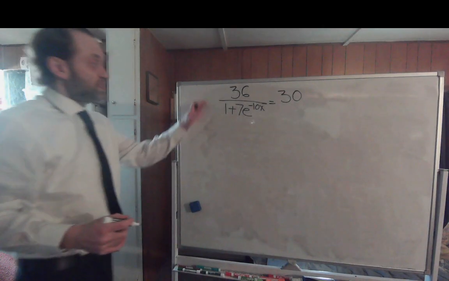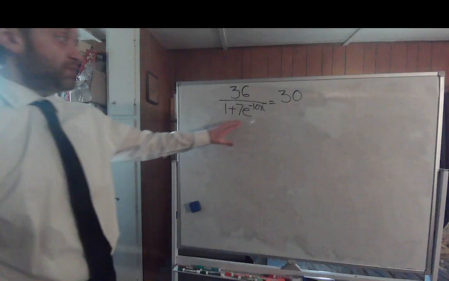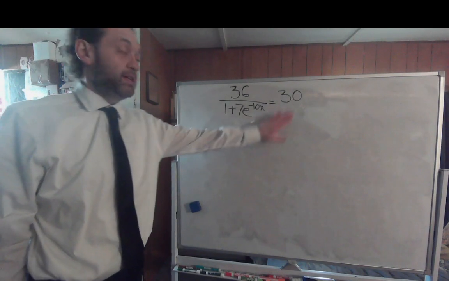So I have 36 over 1 plus 7e to the negative 10x equals 30.